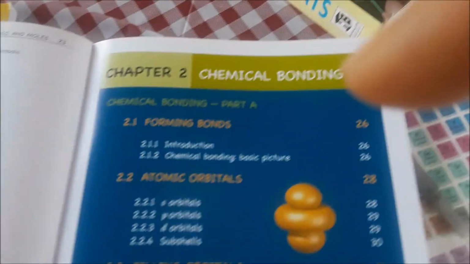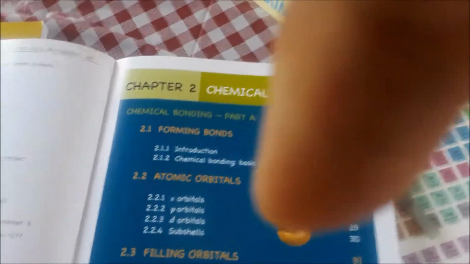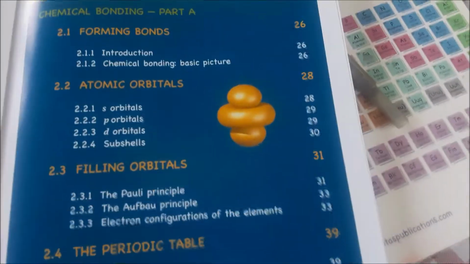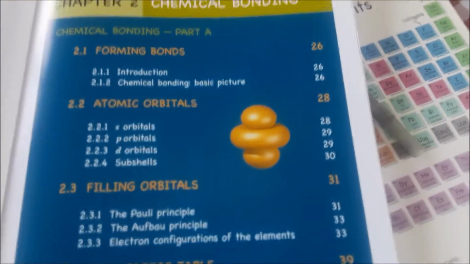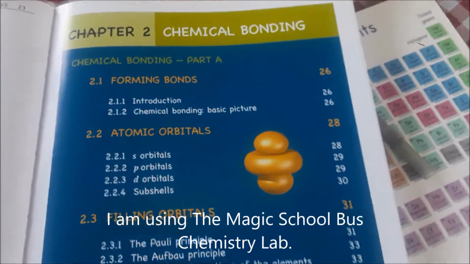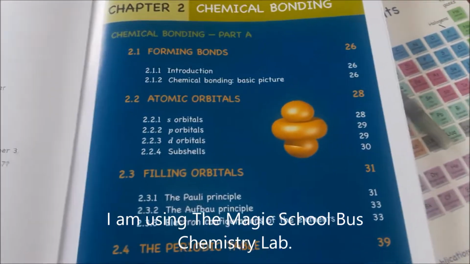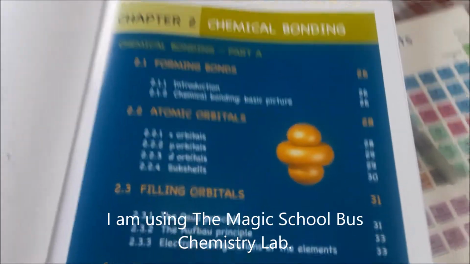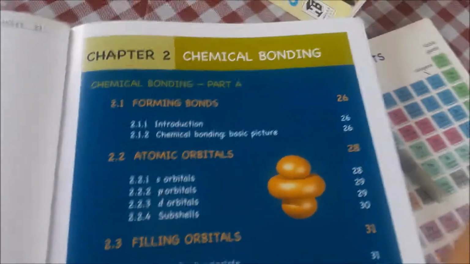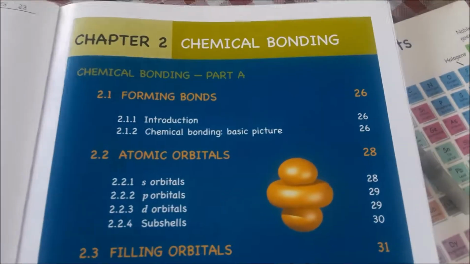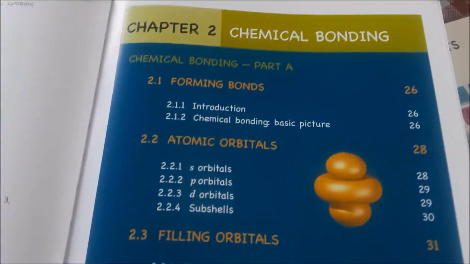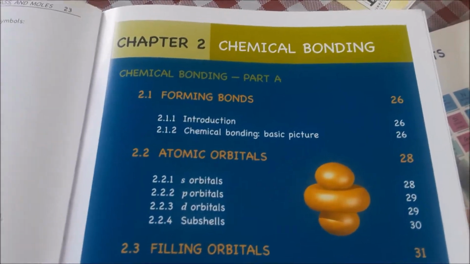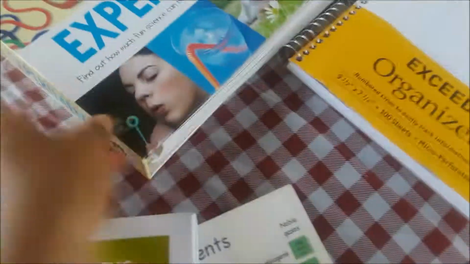Now, I'm not buying a lot of lab equipment. What I am doing is using the Magic School Bus chemistry lab, and I think it's enough for him. It's enough for us to see something. I got it for like $10 or $20 or something like that, and I think it will suffice and do what it's supposed to do.